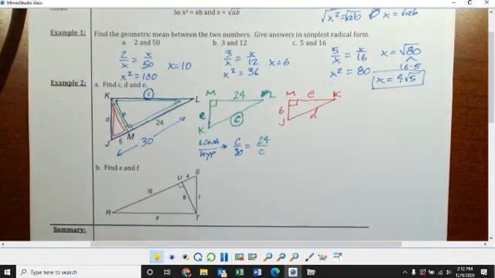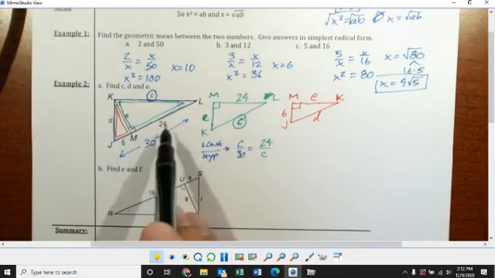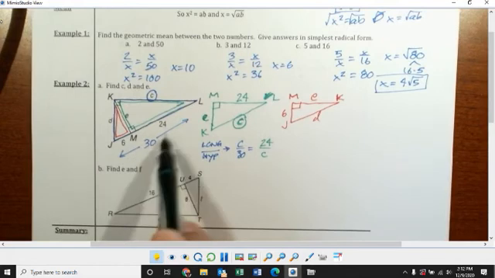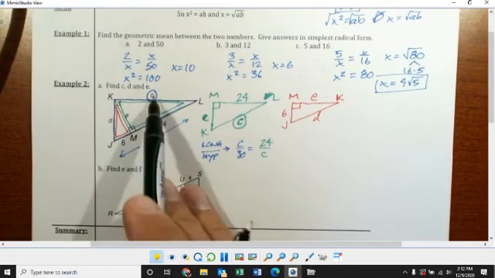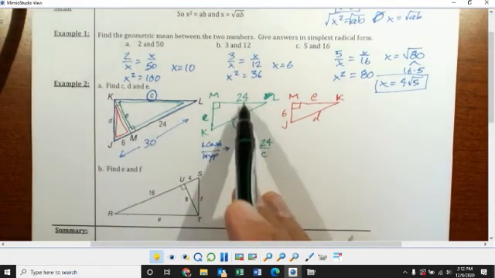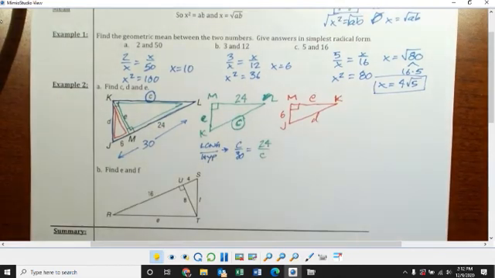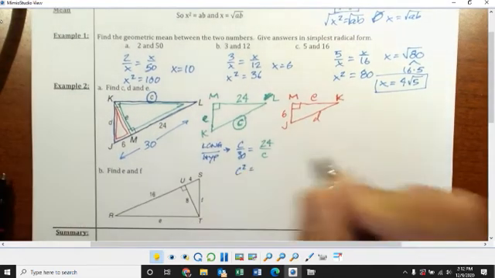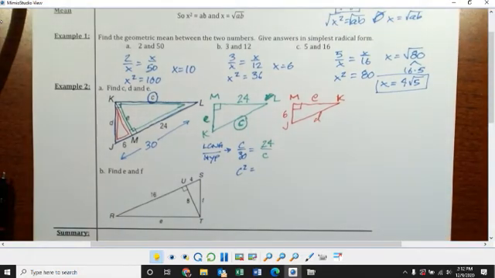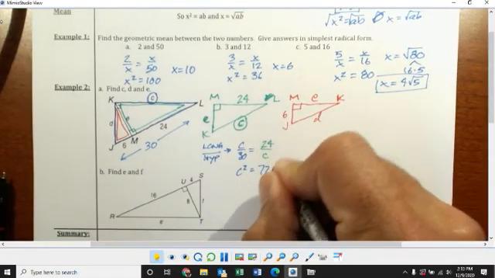Now, C is a number that should be shorter than the hypotenuse, so it should be less than 30, but it should be greater than 24. So when we solve it, that's what we should get. This is going to give me C squared equals 24 times 30. We're going to need to pull out our handy-dandy calculator for you guys working at home. 24 times 30 is 720.